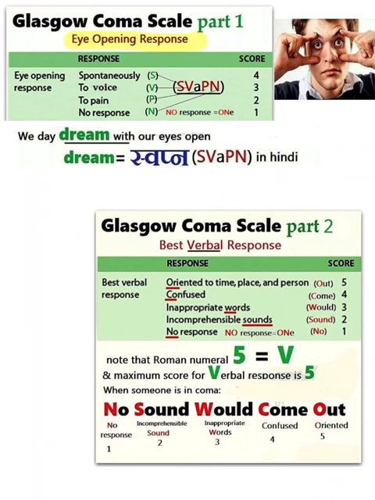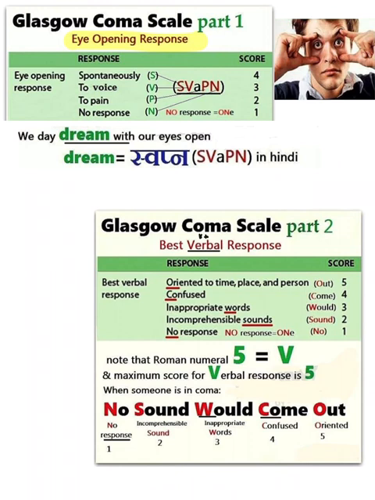Now if we talk about verb, that is 4 letters, so the maximum response would be 5. Verb means speaking, the best verbal response, whether he is able to speak or not. The mnemonic is no sound should come out. No response is 1, sound is 2, words is 3, confused, inappropriate words, C is confused, and O is oriented.